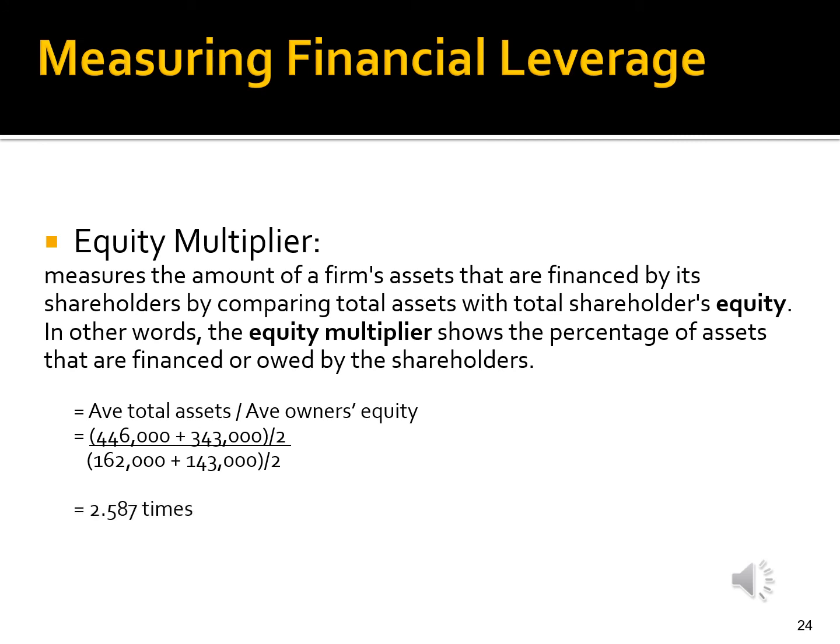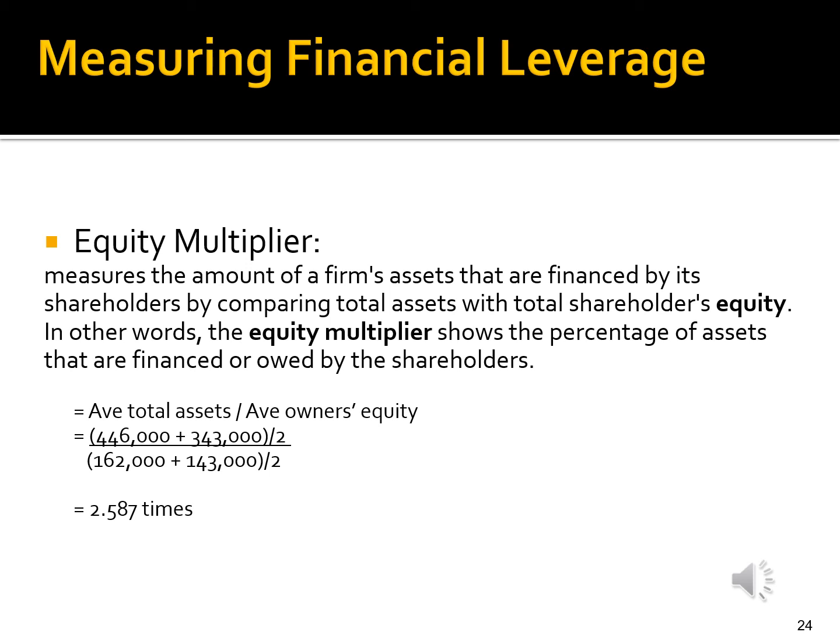It measures the amount of a firm's assets that are financed by its shareholders by comparing total assets with total shareholders' equity. In other words, the equity multiplier shows the percentage of assets that are financed or owned by the shareholders. Here the equity multiplier is 2.58 times.